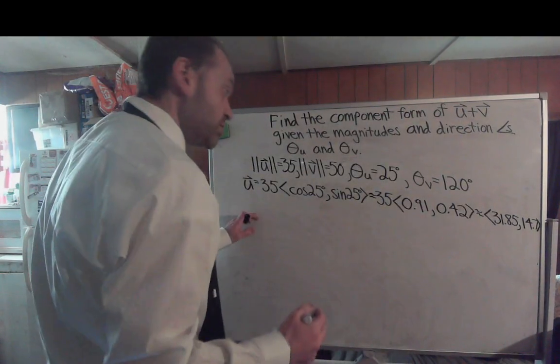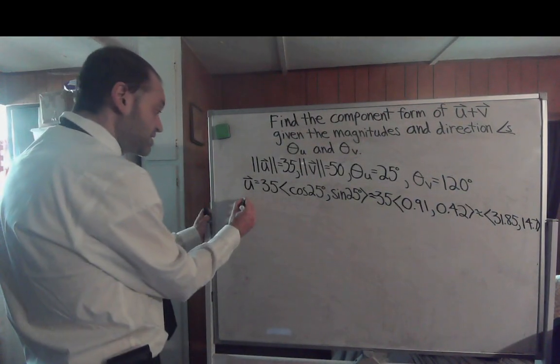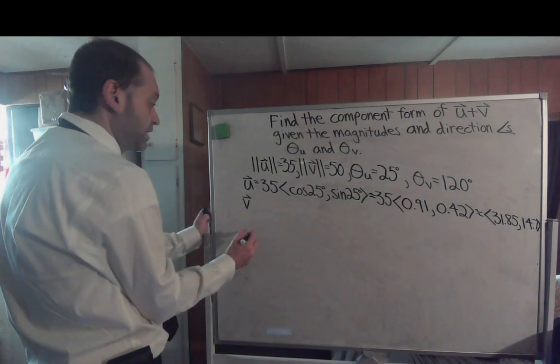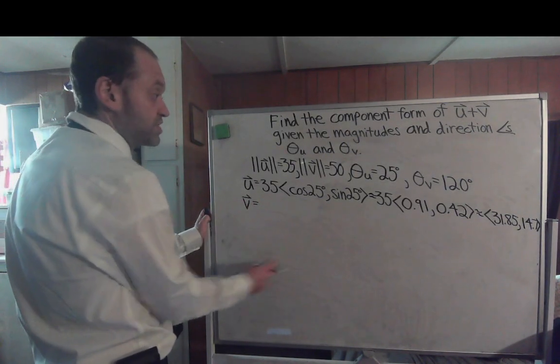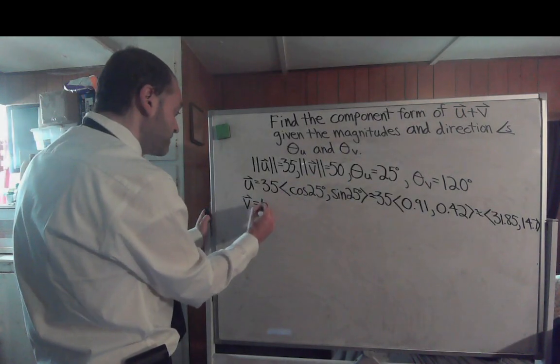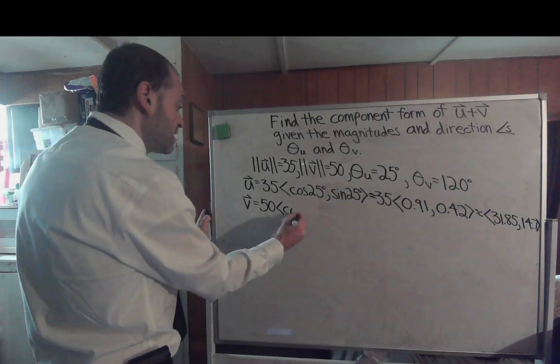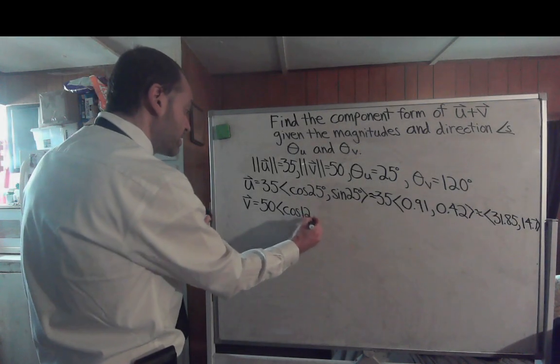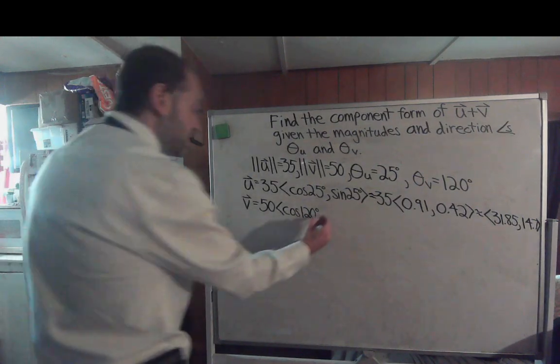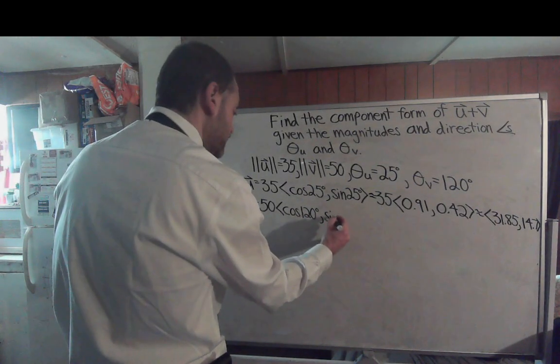All right, so there's your vector u approximately. Let's do vector v approximately. The magnitude of v was 50, so take 50 times the cosine of 120 degrees, and then the sine of 120 degrees.